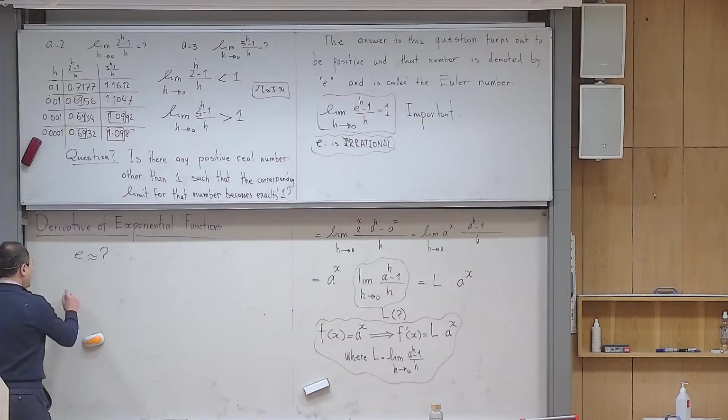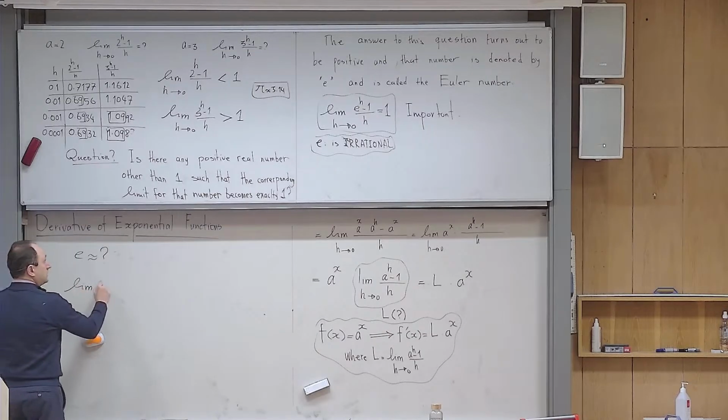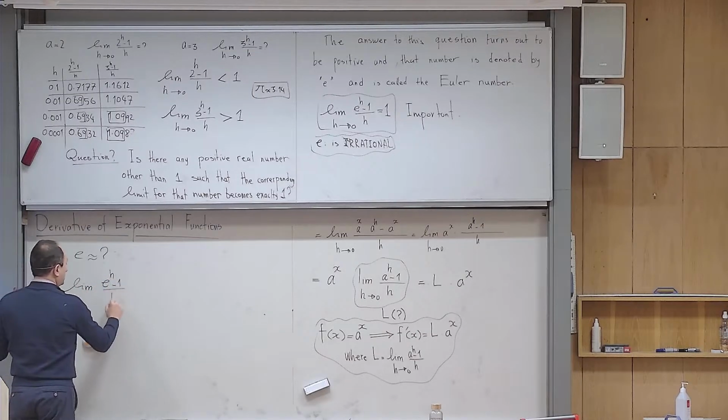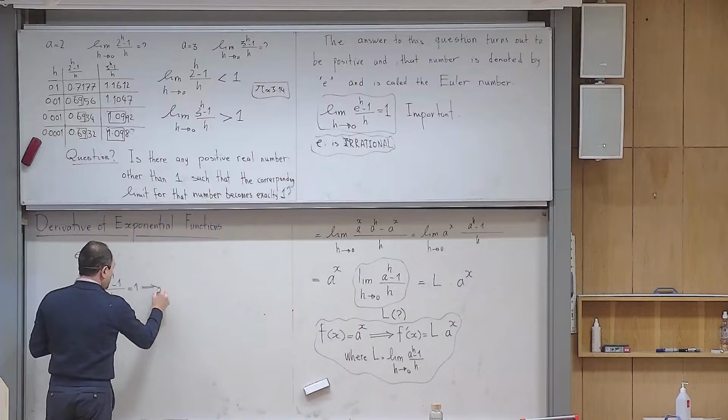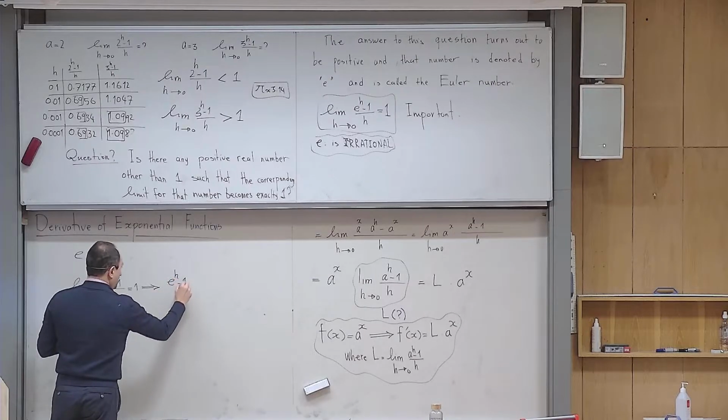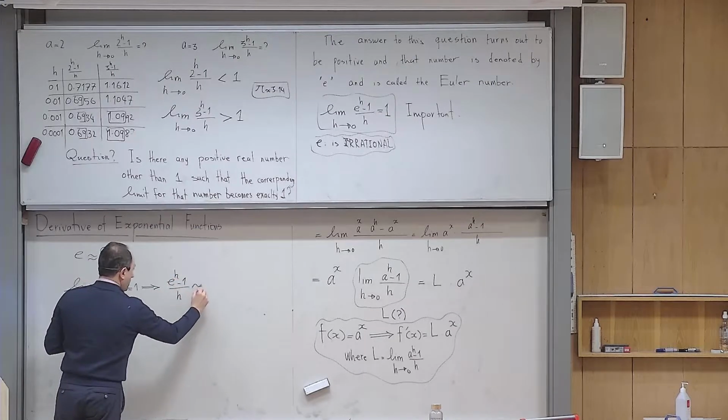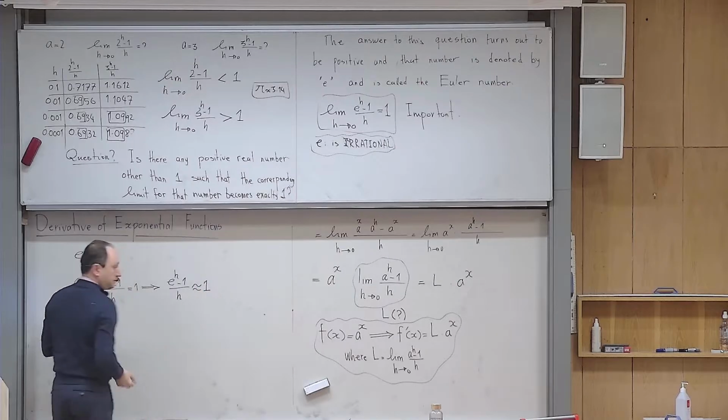So I would say that, okay, when you say this limit of (e to power h minus 1) over h as h goes to 0 is exactly 1, this is my starting point. This means that (e to power h minus 1) over h is approximately 1.